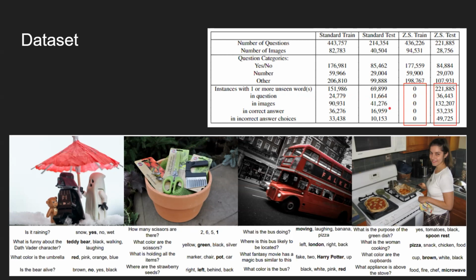And these are broken down into categories here. So there are instances with 1 or more unseen words in questions, in images, in the correct answer, and also in the answer choices.